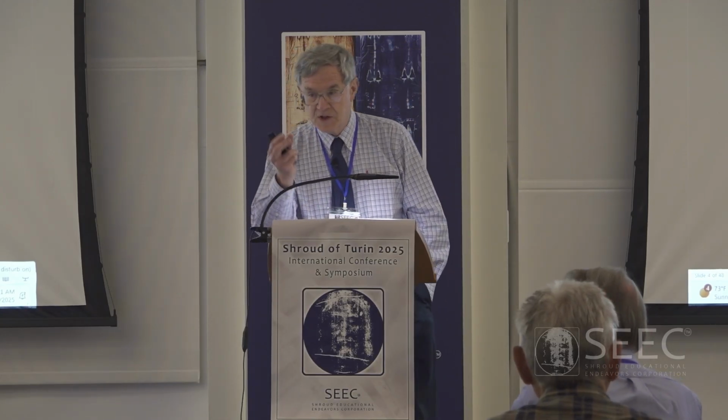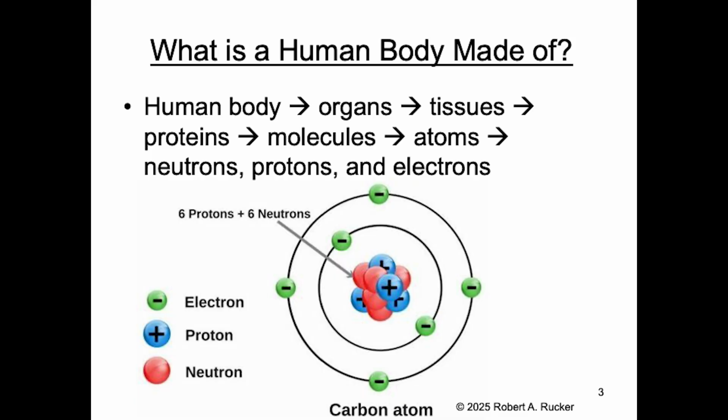I'm just going to go through some of these fairly quickly so that you're familiar with them. The nucleus is at the center of the atom, with the electrons going around the outside. The nucleus is made up of protons and neutrons. The protons are positively charged. The neutrons are neutral. Carbon-12 has 6 protons and 6 neutrons.